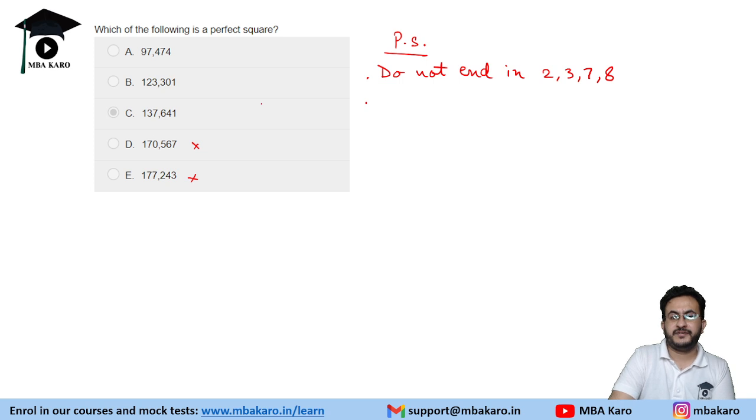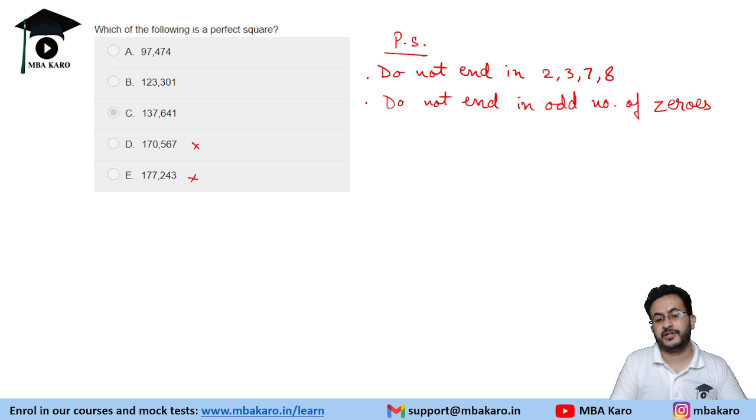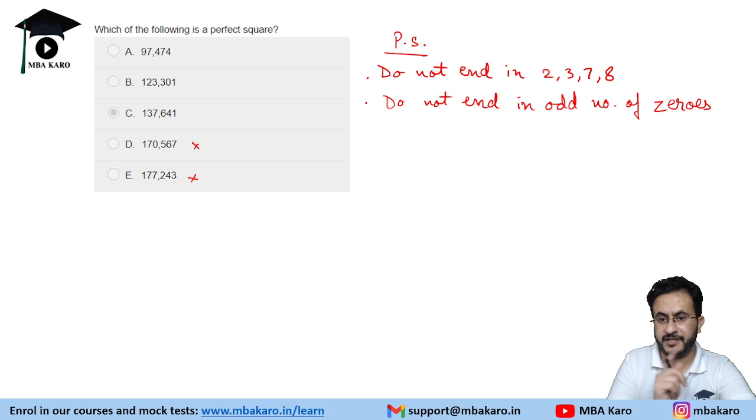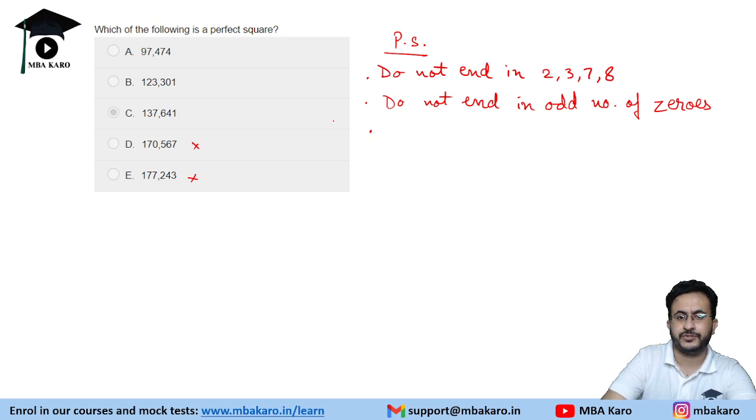Then another property which is not tested here is that they do not end in an odd number of zeros. This does not mean that all numbers that have an even number of zeros are perfect squares, but if a number has an odd number of zeros, that will not be a perfect square, okay, which is not tested here.